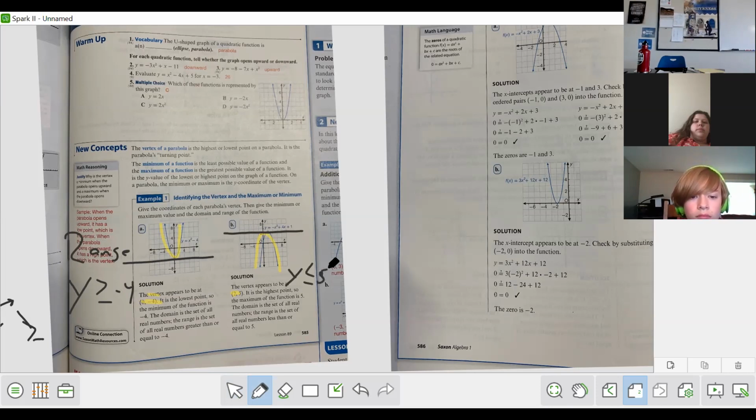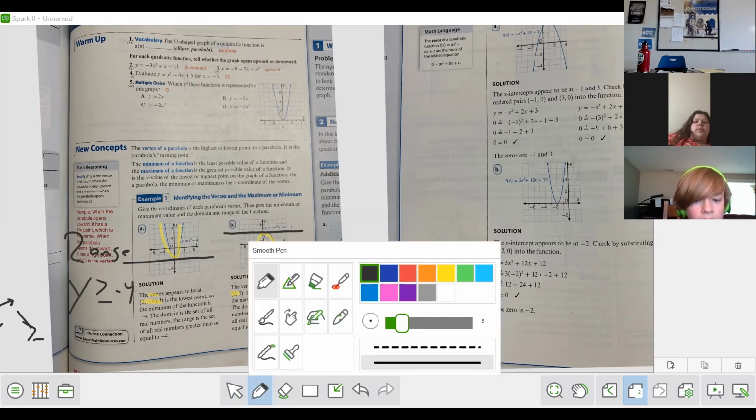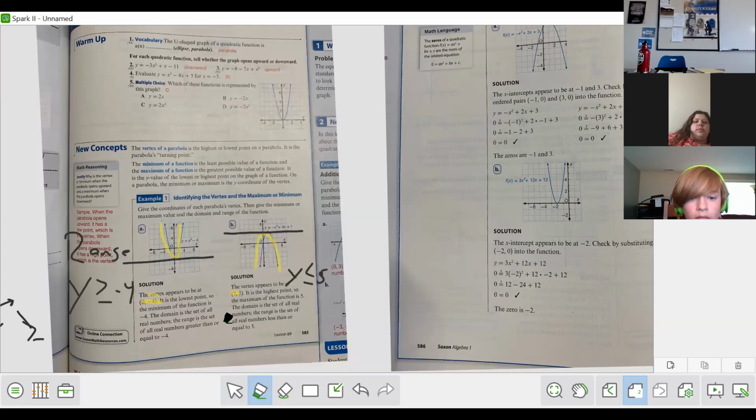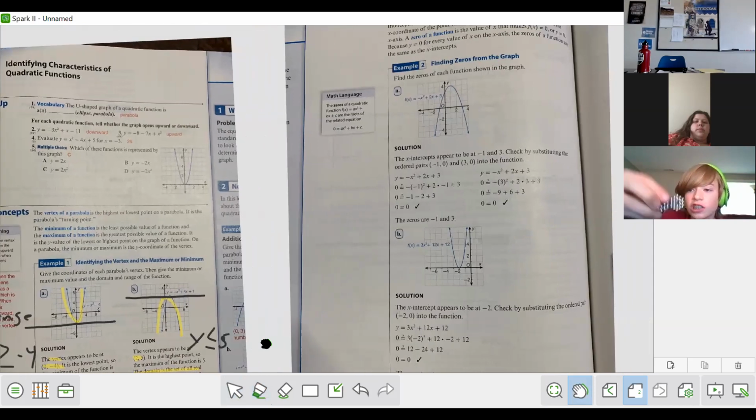All right. So notice here, the domain is a set of all real numbers. The range is a set of all real numbers that are less than or equal to 5.